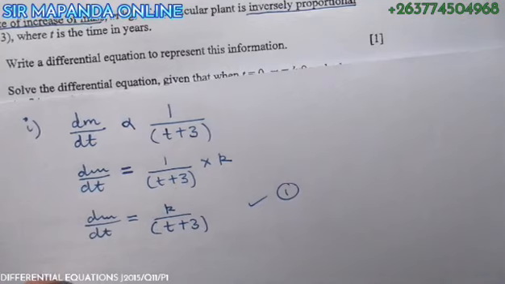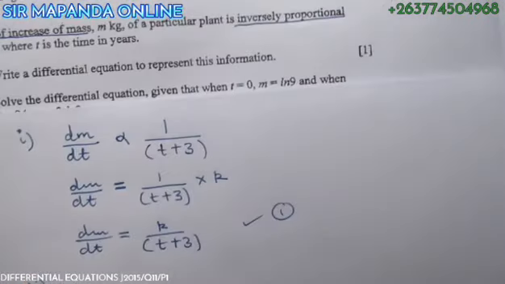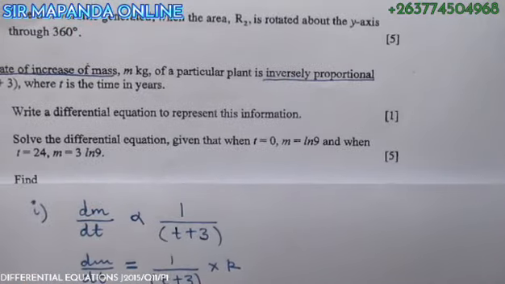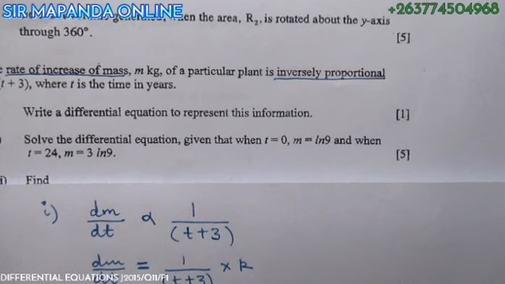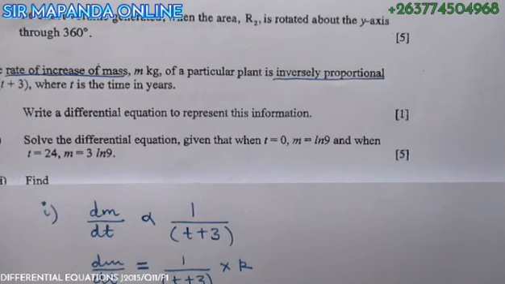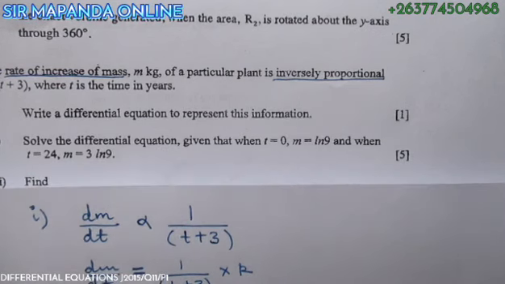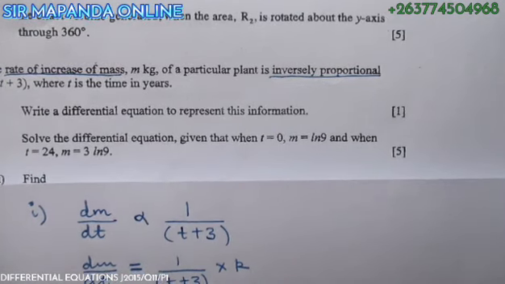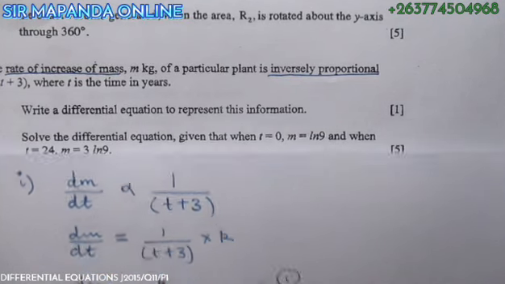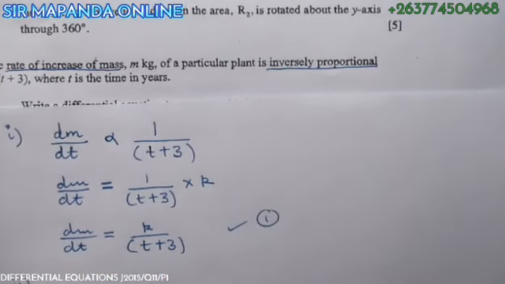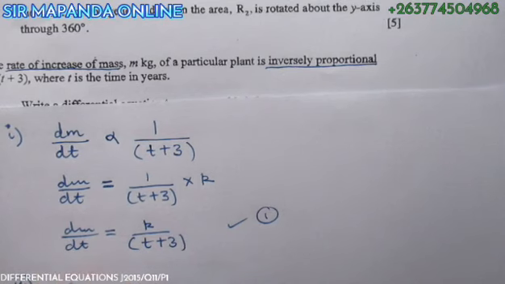Right, let us move on to the second part of the question. Solve the differential equation given that t is equal to 0, m is equal to ln 9, and when t is equal to 24, m is equal to 3 ln 9. Right, so I'm going to multiply both sides by dt.